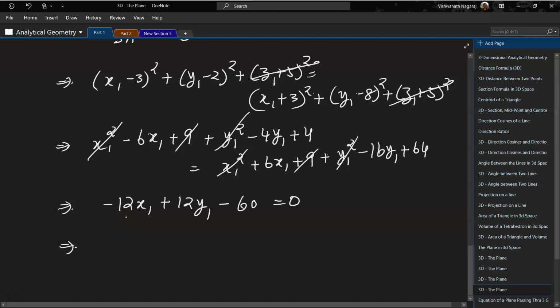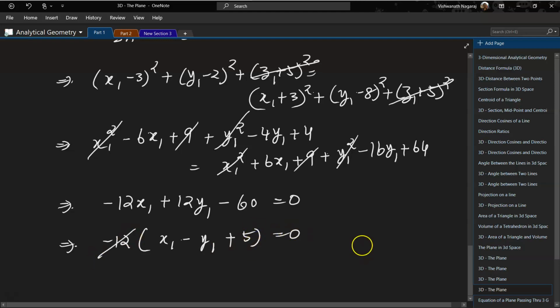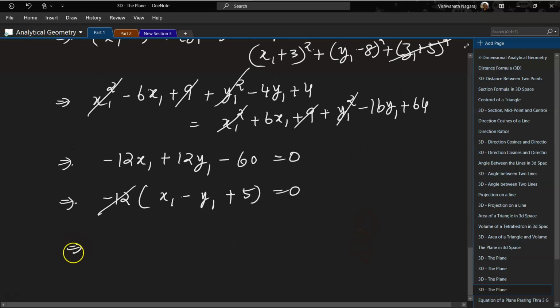Let's take minus as well. So we are left with minus 12 times x1 minus y1 plus 5 equal to 0. And this 12 gets cancelled.